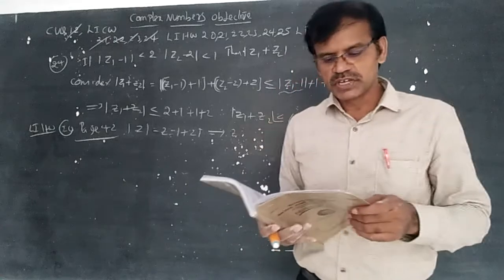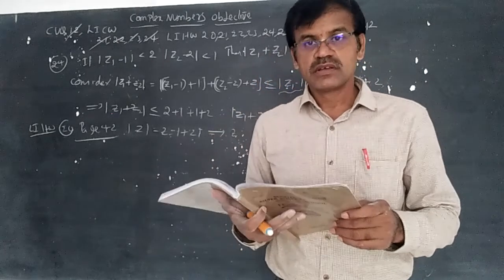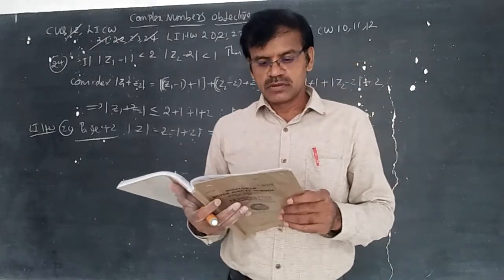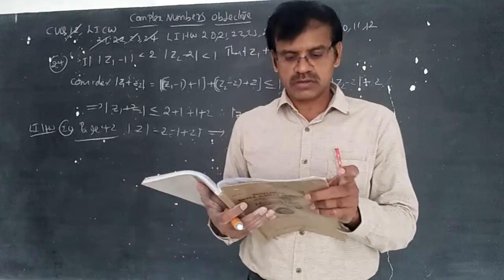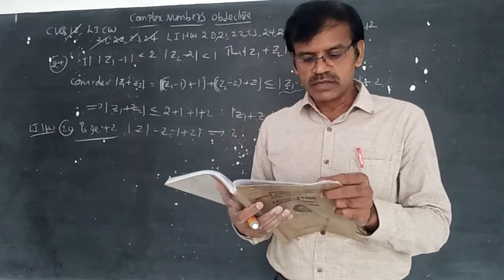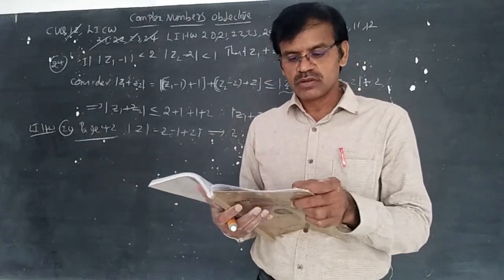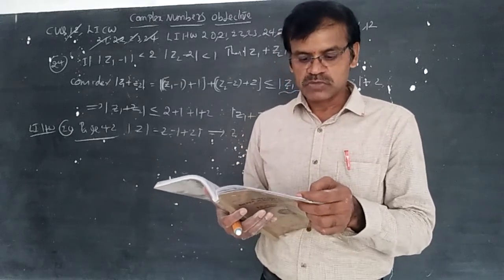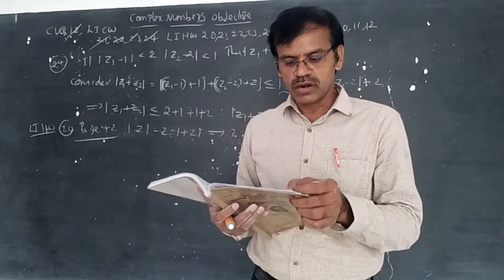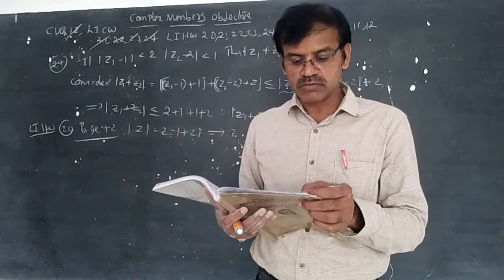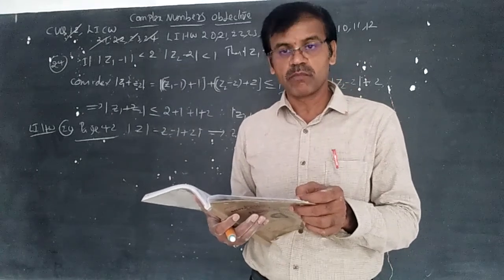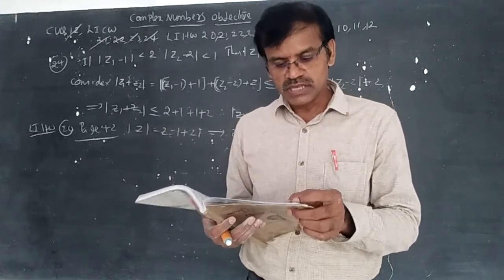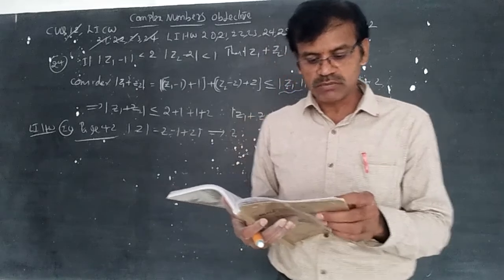By verification only it is possible, because it depends upon the square root of a complex number, I mean modulus of z, and a simple complex number. So the square root is a real number, an absolute number, and one complex number is there, depending upon the modulus of a complex number.